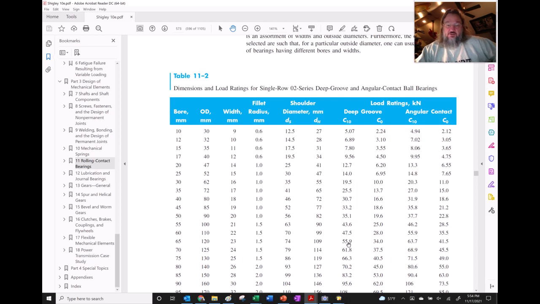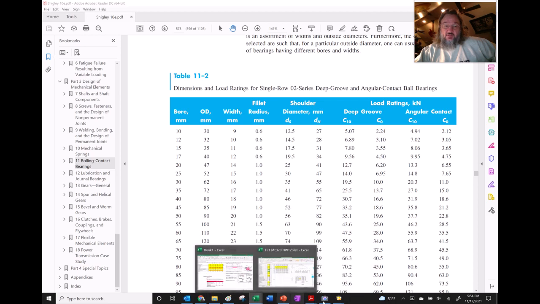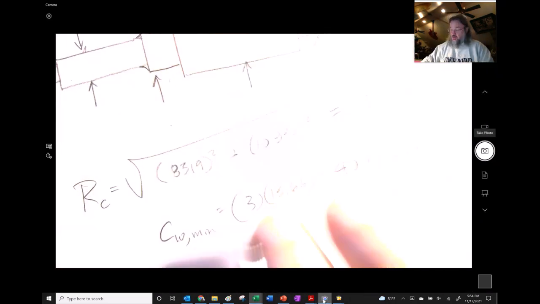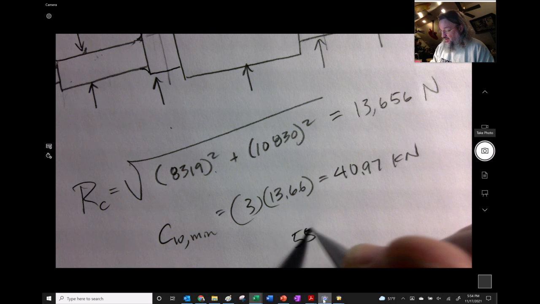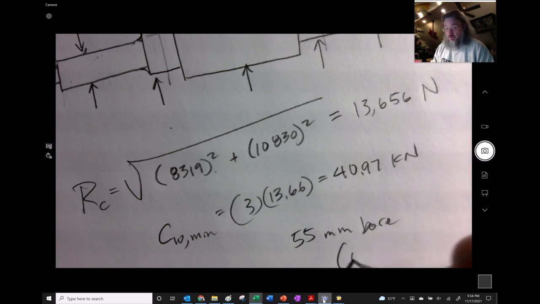And if we're going to do that, we need to have something that's larger than 40.97. So we could get away with the 55. So 55 millimeter bore or larger.